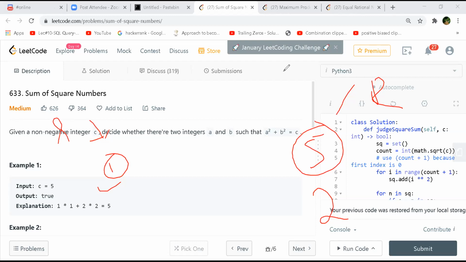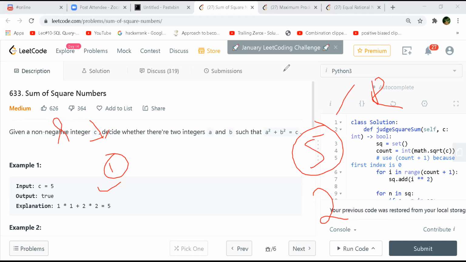Just a couple of words from my side. As I understand, we should start not from C, but from the square root of C, because we can have overflow. If our right equals C, when we multiply C by C, we can have an overflow.